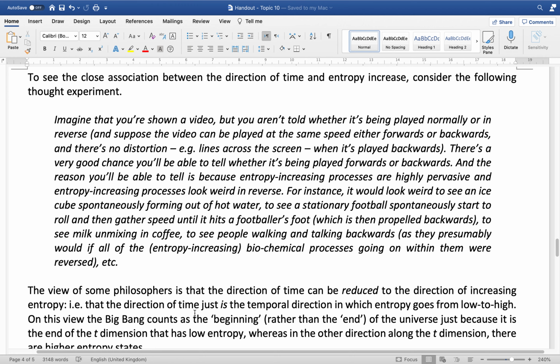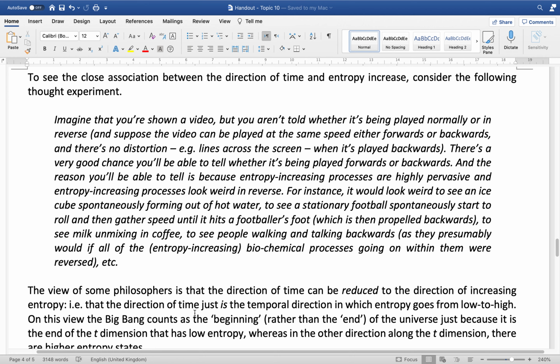Another way you'd be able to tell is through the actions of people. So people walking and talking backwards. I suppose it's a bit less clear cut exactly how this relates to entropy increase. But we can say that the biochemical processes that underlie the walking and talking, maybe even the conscious processes, are entropy increasing biochemical processes.